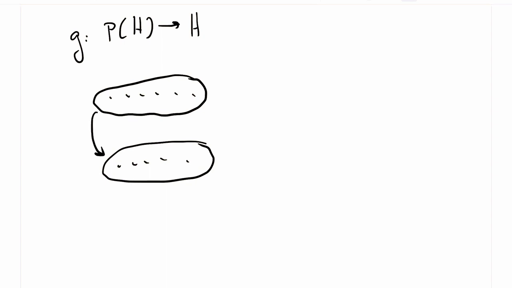It means, by the definition of the power set graph, that for every vertex in the first bag, there is an element of the second bag so that the two form an edge. For instance, like this. And vice versa, for every element in the second bag, there is an element in the first bag so that the two form an edge. Maybe like that.